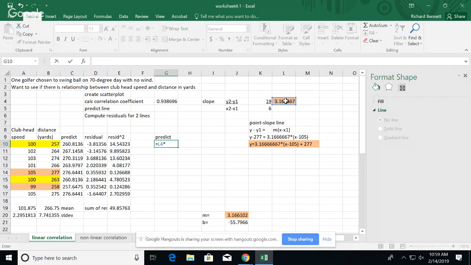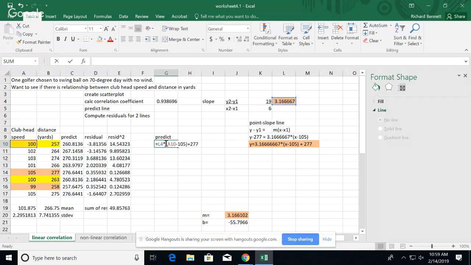We're going to multiply it by the number x minus 105. And we're going to add 277. Okay? So this is our new equation. So the first time we predicted it would go 260.8 yards, right? This time we predicted it will go 261.1. So we think it'll go farther. Does that make sense? Okay?